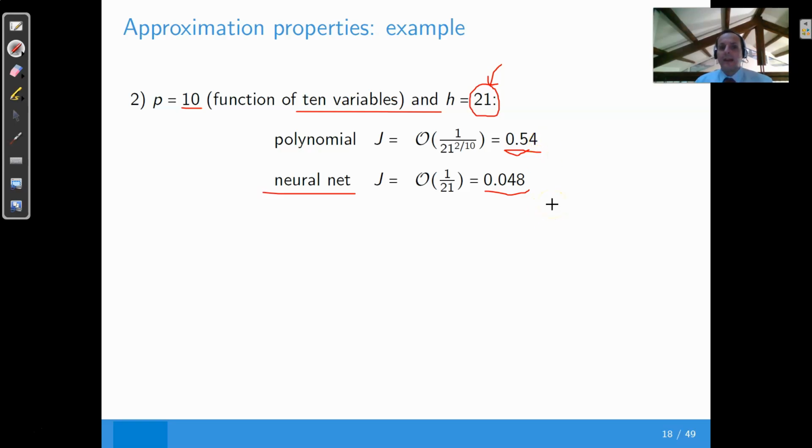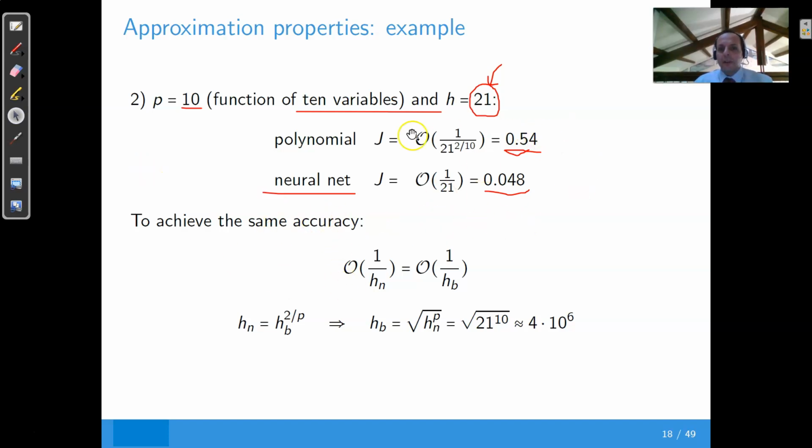So this is an advantage, because with the same complexity, the approximation error is much smaller than the one achievable with the polynomial. This is an important result.